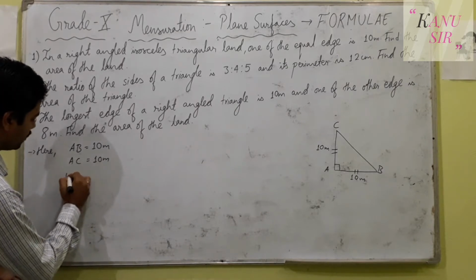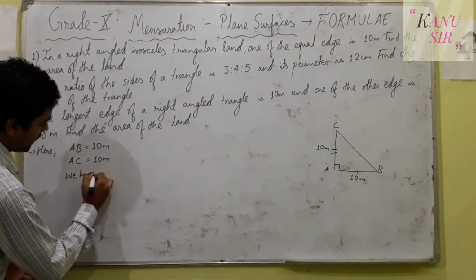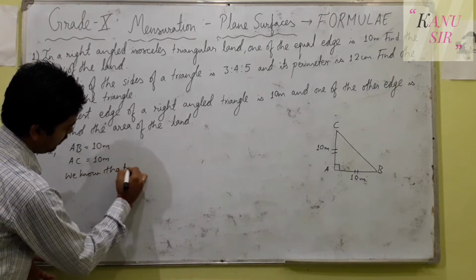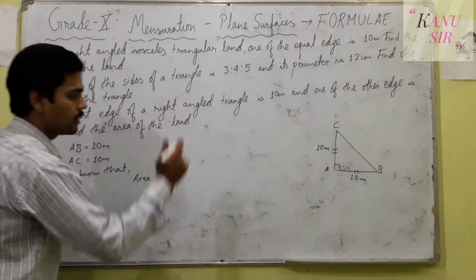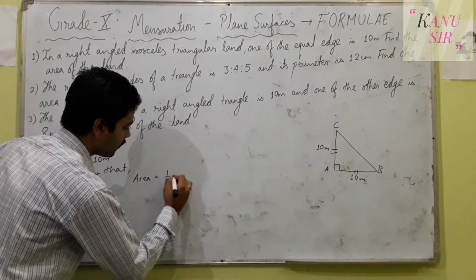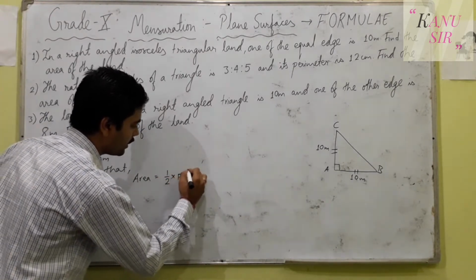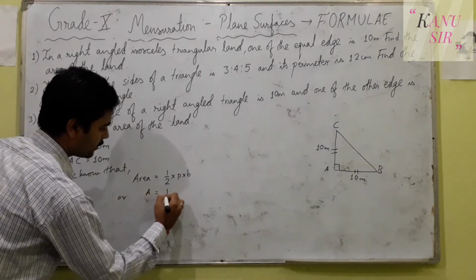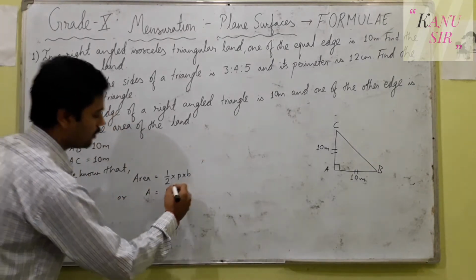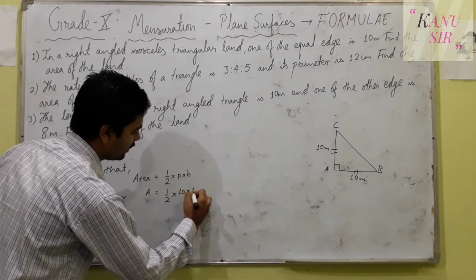So we can write, we know that area is equal to the area of a right angle triangle. The formula is 1 upon 2 times perpendicular into base, or A for area equals 1 upon 2, perpendicular is 10 meter, and the base is also 10 meter.